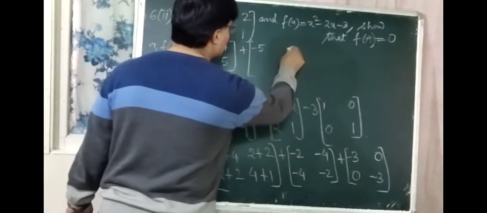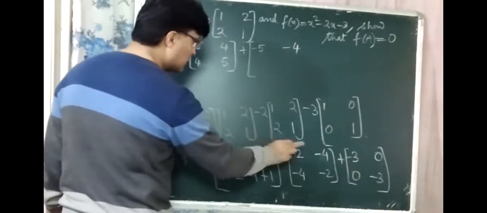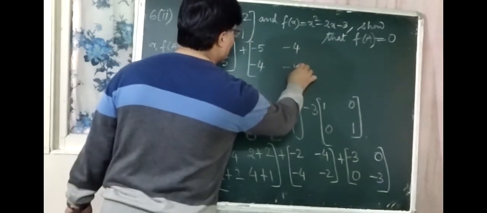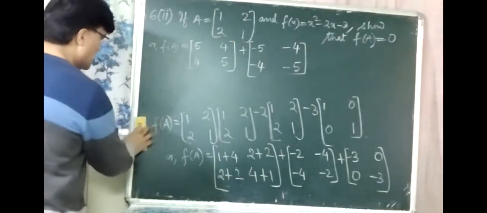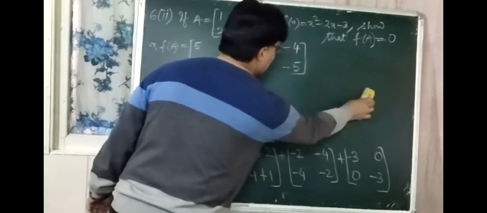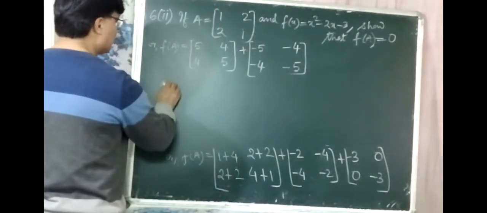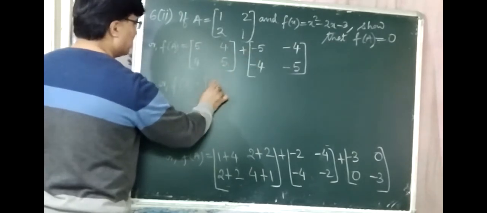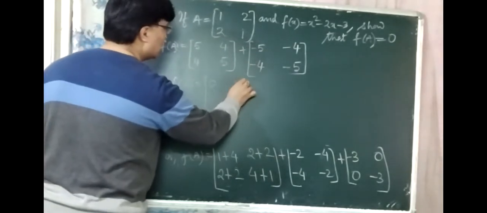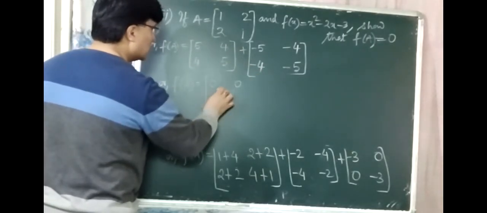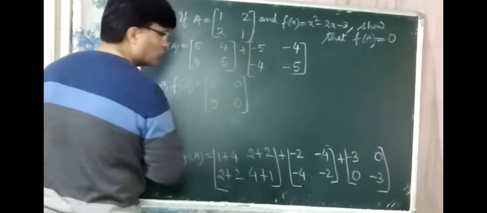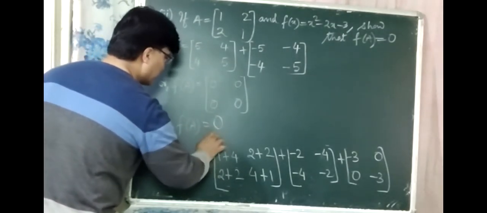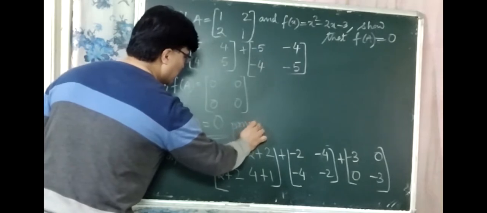Minus 4 plus 0, minus 4 plus 0, that is also minus 4, and minus 2, minus 3, that is your minus 5. So again, you can add these two matrices, they are of same order, or f of A is equal to 5 minus 5, 0, 4 minus 4, 0, 4 minus 4, 0, 5 minus 5 is 0, right? Or f of A is equal to, this is the null matrix O, so it is proved.